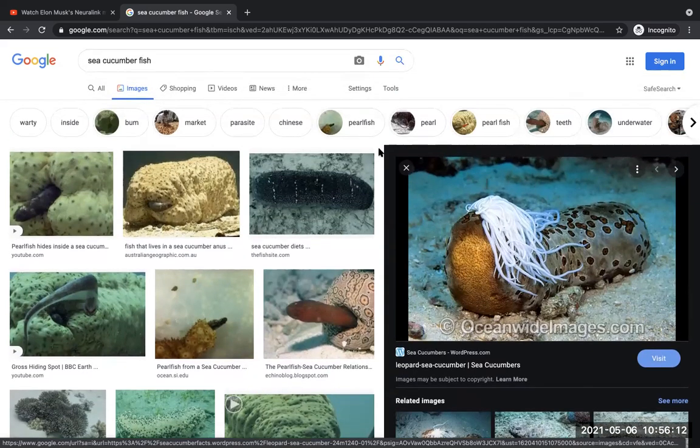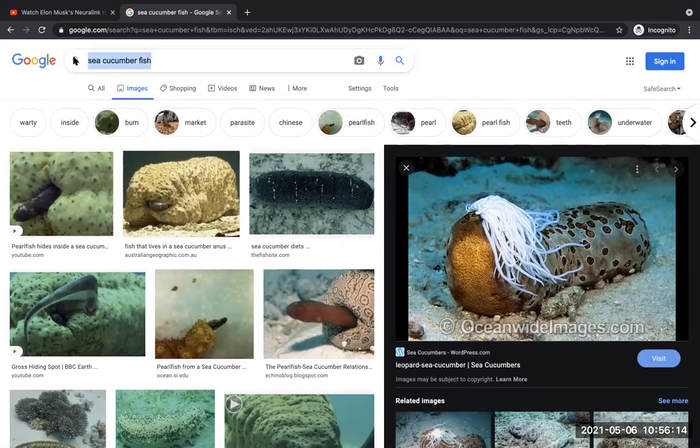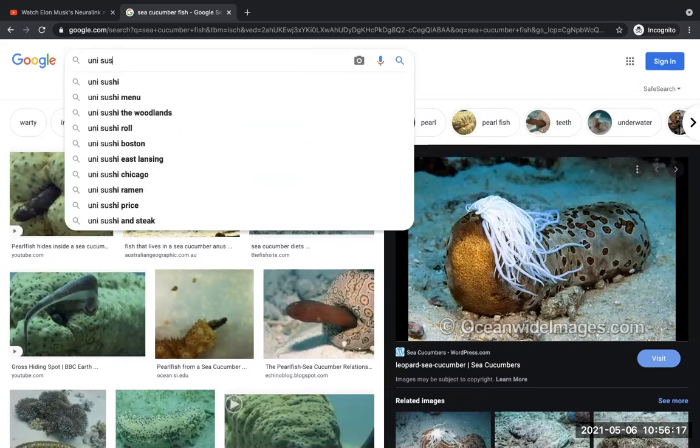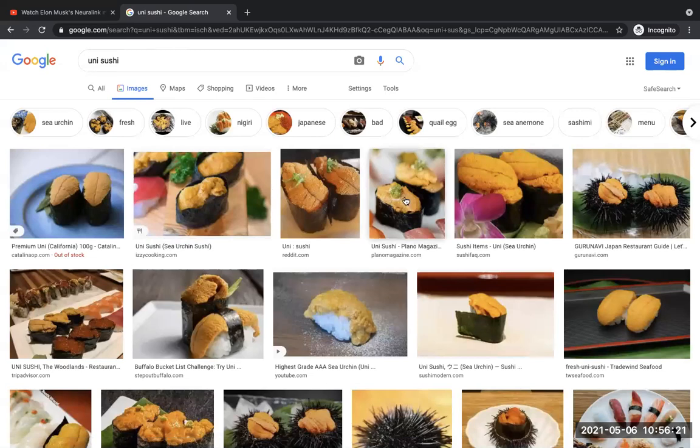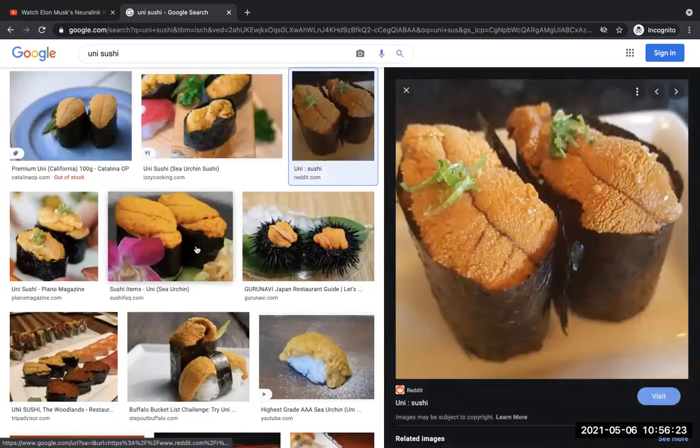That's a sea cucumber. In terms of food, I don't know if you guys heard about uni sushi. It's a Japanese cuisine. So in terms of food, if you harvest or catch them at the right time of the year, females are going to be filled with eggs that are used for the sushi. Have you guys had this? Kawa said yes.